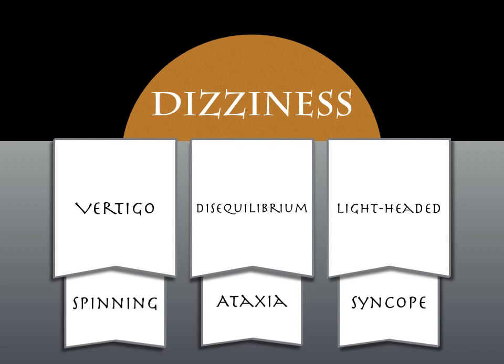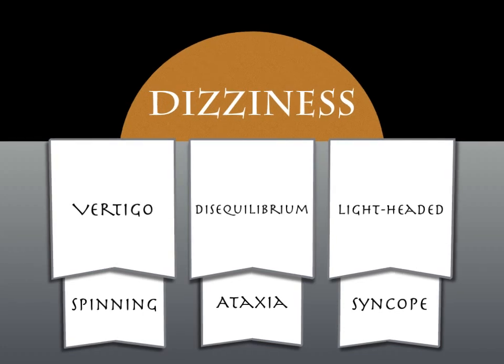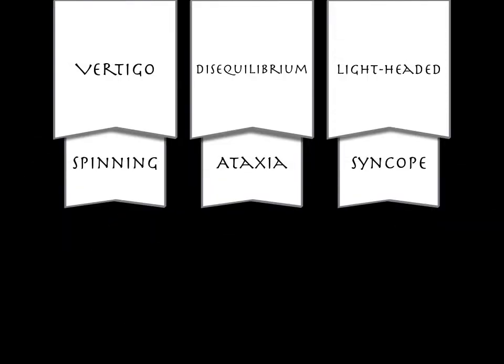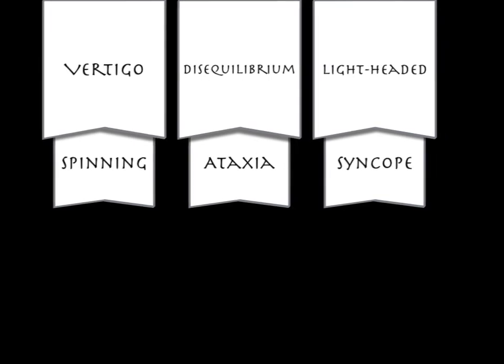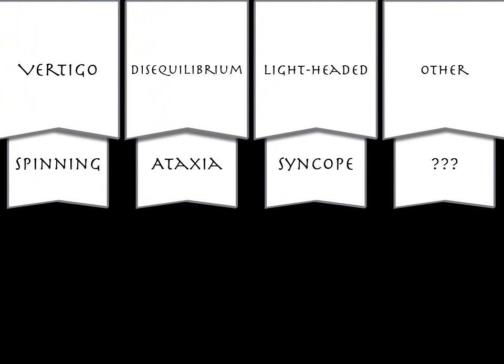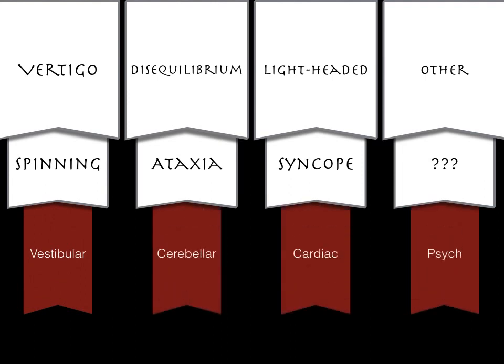And this is problematic because it's difficult for us to make a diagnosis if we're going off of this notion that if a patient says dizzy, they mean they're vertiginous, they're spinning. This all came from a study in 1972 that we'll talk about here in a second, but at that time, this was divided into these three categories plus one other that was kind of other, and it typically meant psychiatric problems, with vertigo being associated with vestibular disorder, disequilibrium being a cerebellar disorder, and lightheadedness being cardiac.